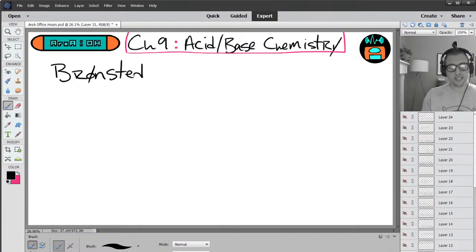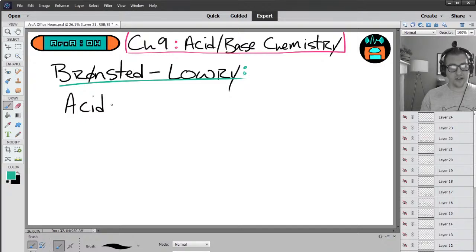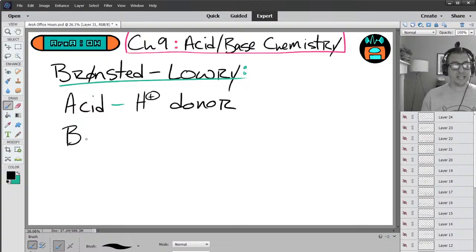Right, so you have the Bronsted-Lowry, whoops, that should be an O. The Bronsted-Lowry definition for acids and bases works like this. An acid, Bronsted-Lowry defined as a proton donor, and a base defined by Bronsted and Lowry is a proton acceptor.